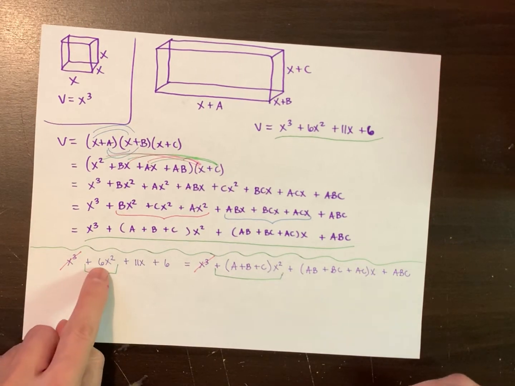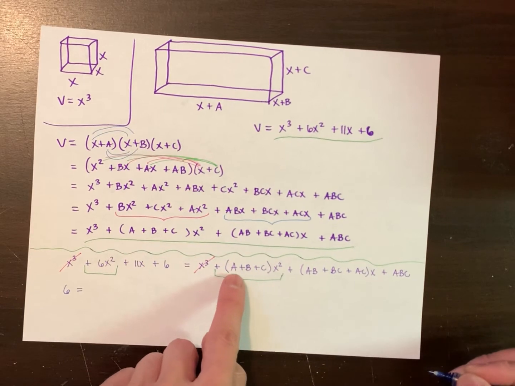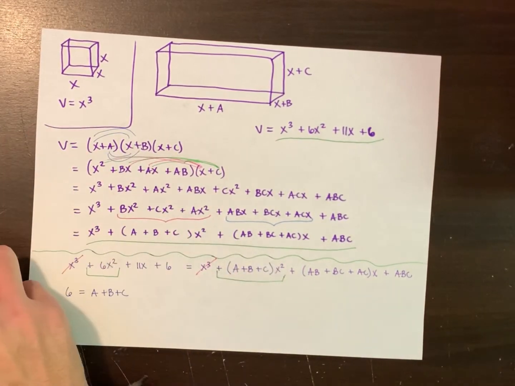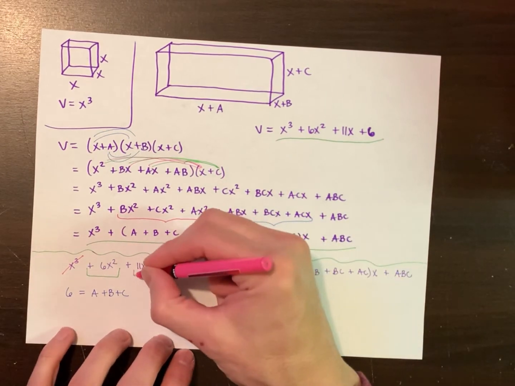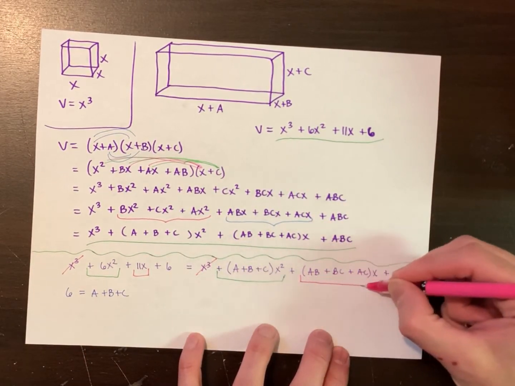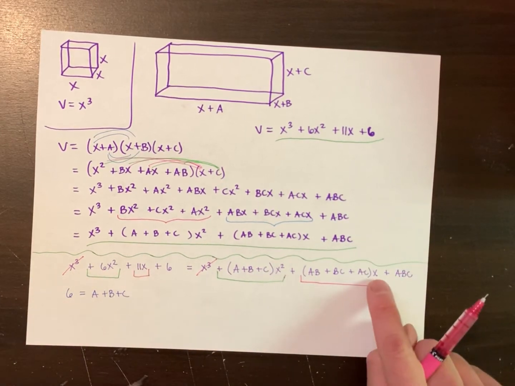So there is an equation that we can create, and that equation would say this. It would say that 6 equals A plus B plus C. Check this out. How about this one in pink? This piece called 11x, that has to equal this piece here. How come? Because that has x and that has x.